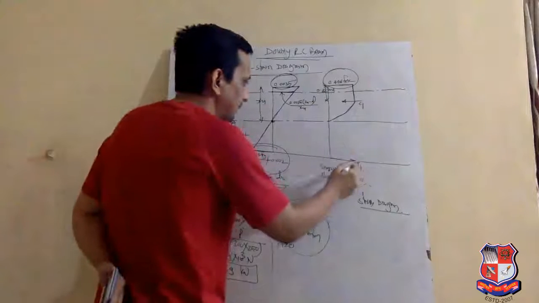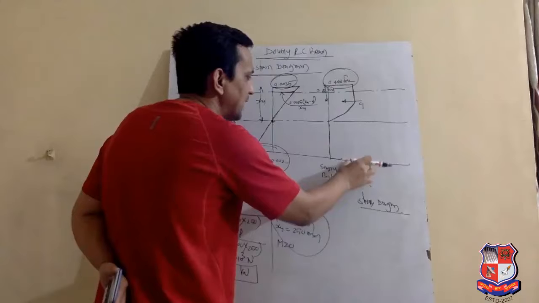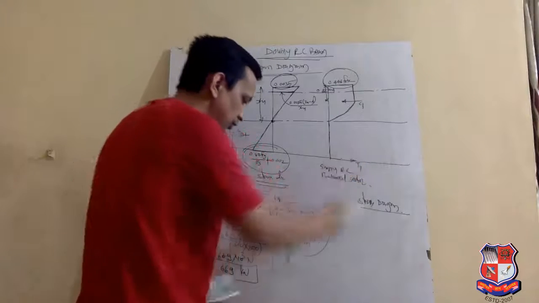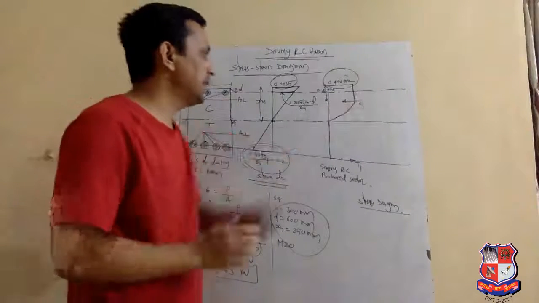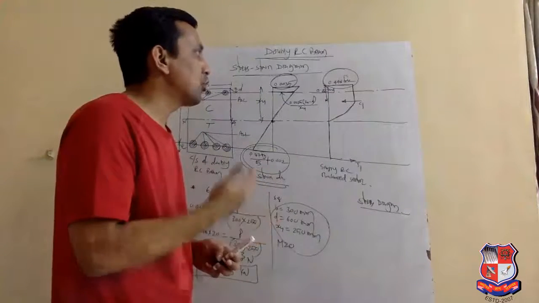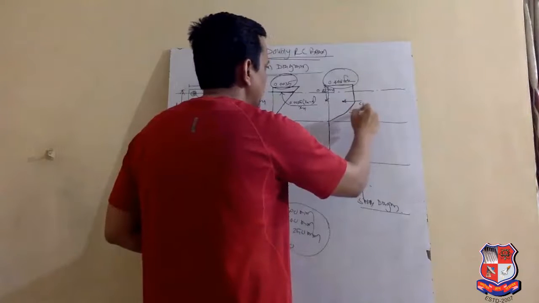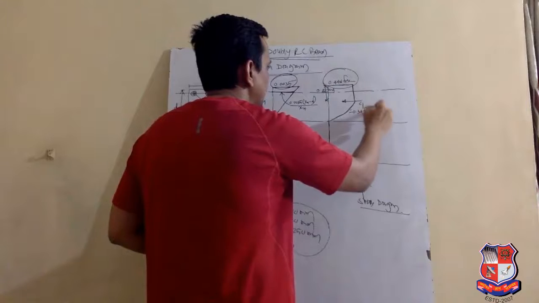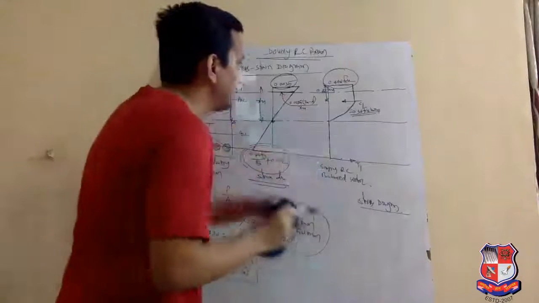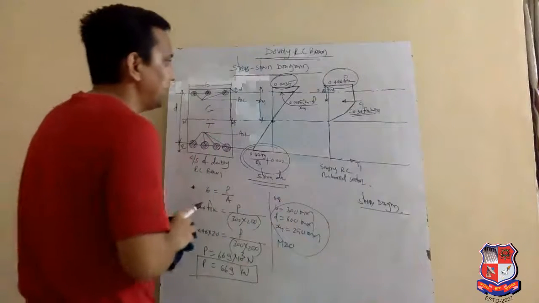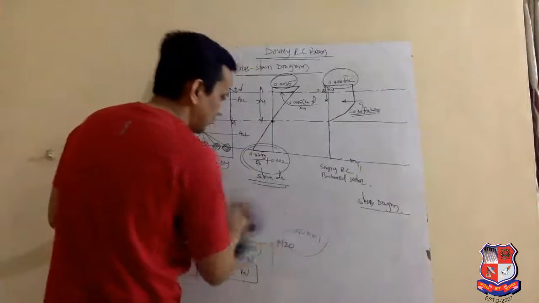T1 is the maximum tensile force in the tension zone, and C1 is the maximum compressive force. The value of C1 is 0.36 fck b into xu. Now let's see where the value of 0.36 fck b xu has come from.